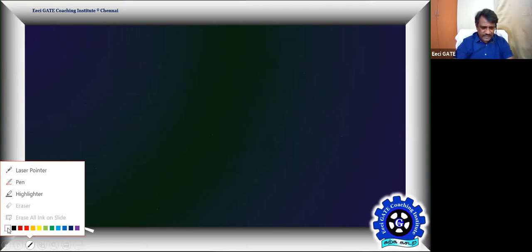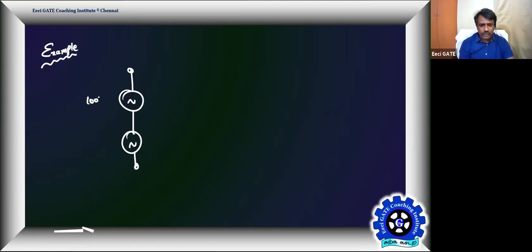Now answer this next example. I'm going to connect two sources in series. This is a 100 volt AC source. This is a 50 volt AC source. Both are having identical frequencies.